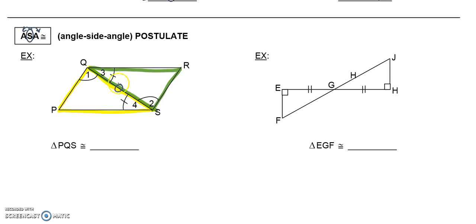Okay, so now when I'm listing off my triangle congruence postulates, because I have an angle, I have a side, and I have an angle, and the side is touching both angles, I can say that they're congruent. So PQ in my yellow triangle goes from P to Q, so no tick mark to one tick mark.